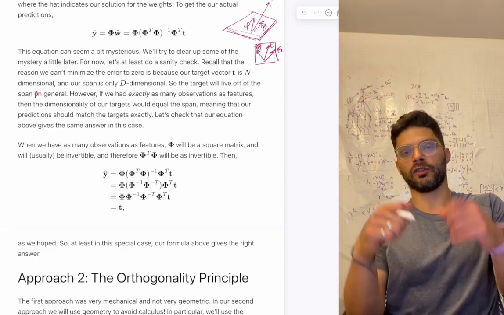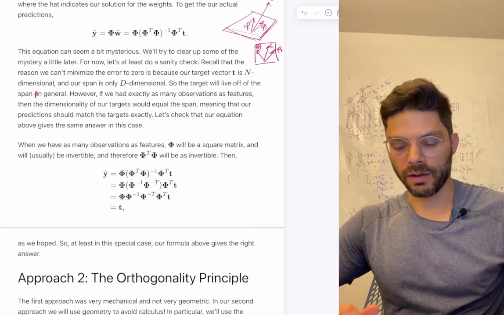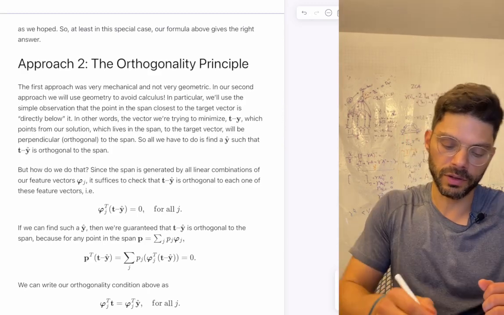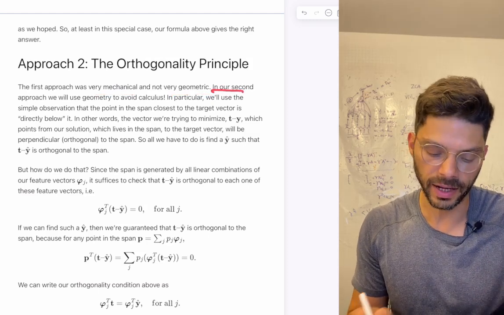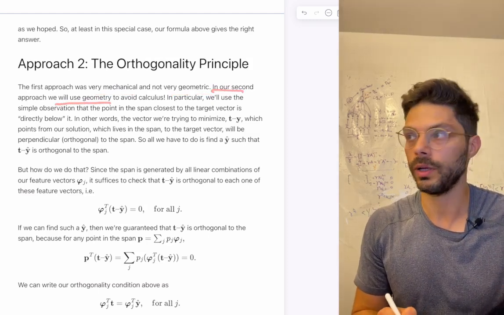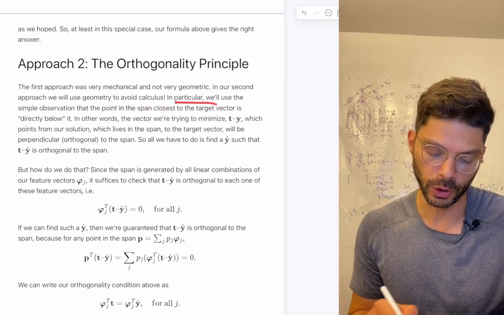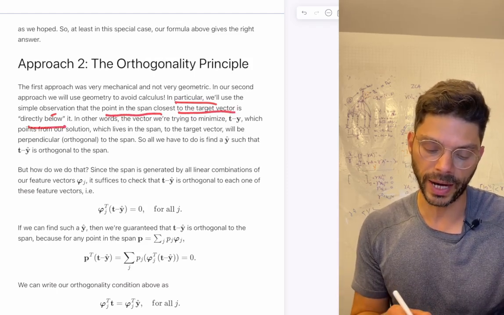Okay, so that was one turning-the-crank approach. Now let's try another approach, which is a bit more geometric. The first approach was very mechanical and not very geometric, and we had to use calculus. In our second approach, we'll use geometry to avoid doing calculus. In particular, we'll use a simple observation that the point in the span closest to the target vector is directly below it.